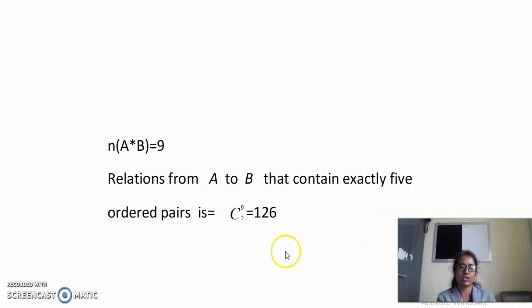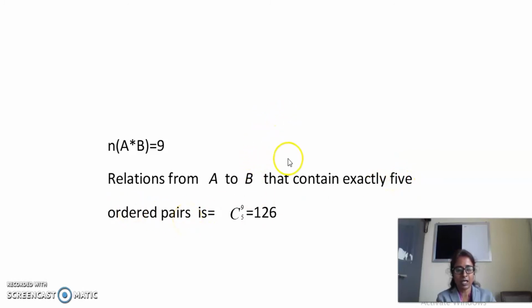A small change. Suppose for the same example, they ask how many relations are defined from A to B that contain at least 7 ordered pairs. I repeat, that contain at least 7 ordered pairs.